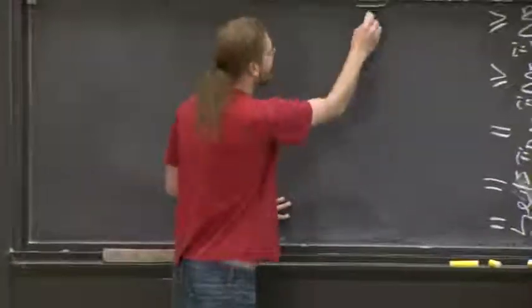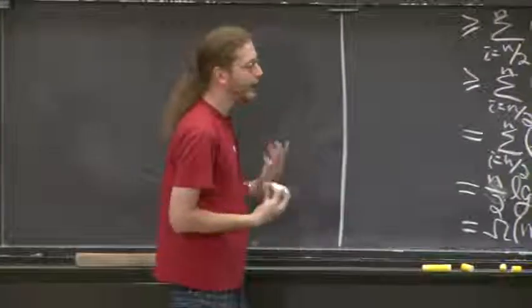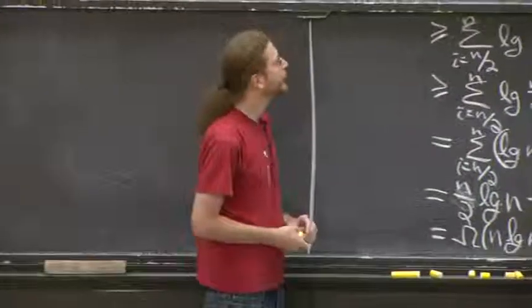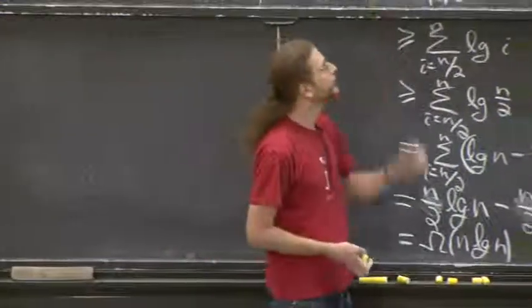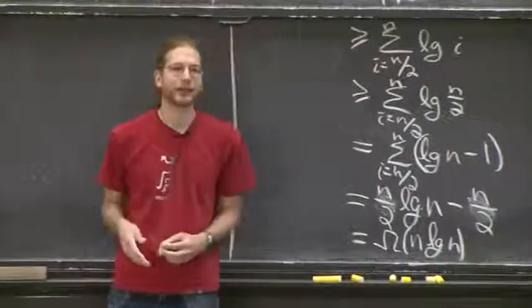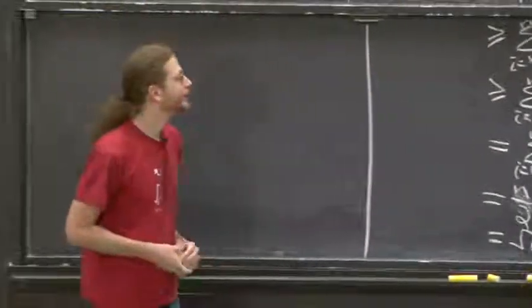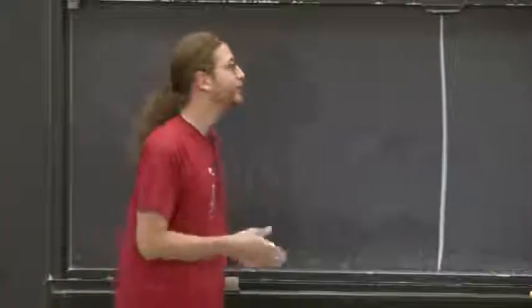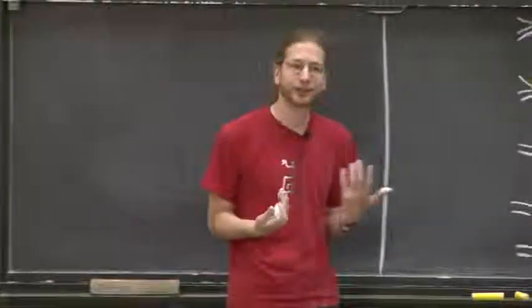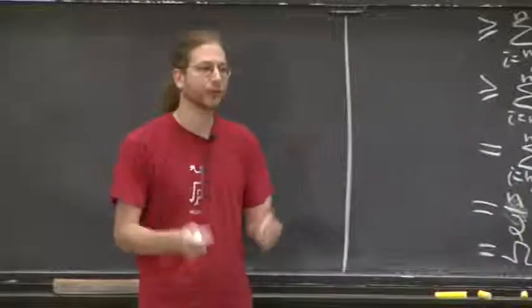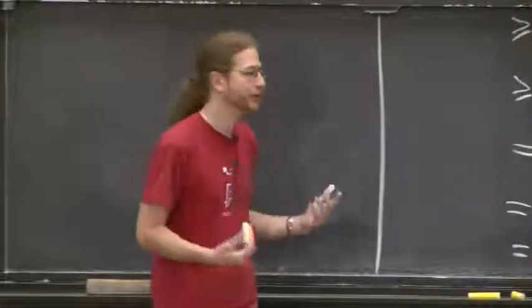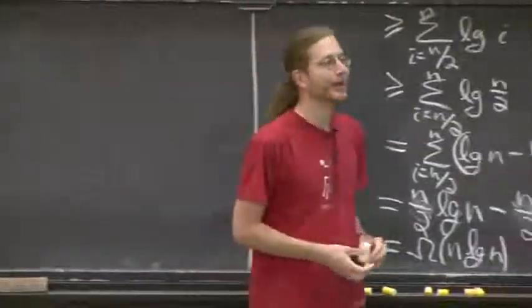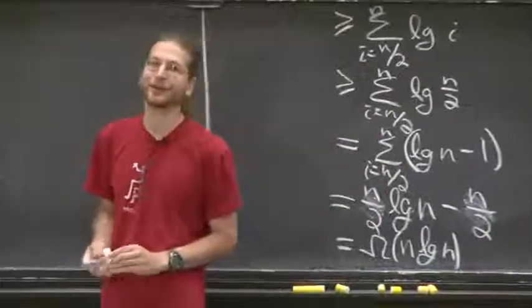OK? That's one way to do it. Another way to do it, if you happen to know Stirling's formula for n factorial, you know n factorial is about n over e to the n times square root of 2 pi n, right? That's the Taylor series approximation of n factorial, the first term, which is the most important term for us because it is the asymptotically dominating term: square root of 2 pi n times n over e to the n.